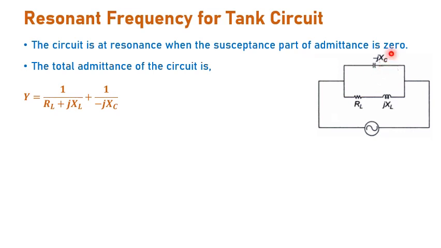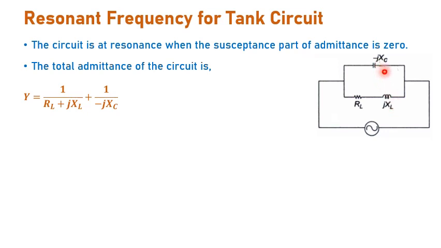That is, the impedance of this branch is minus jXC. The admittance is the reciprocal of the impedance, that is 1 by minus jXC. Similarly, the impedance of this branch is RL plus jXL. Hence, the admittance is 1 by RL plus jXL.